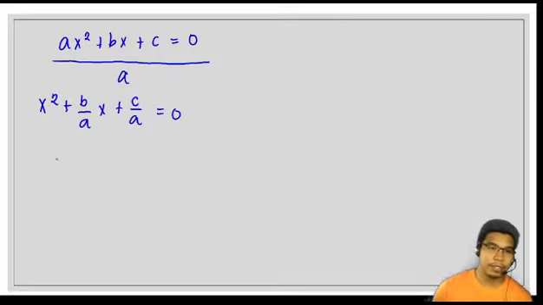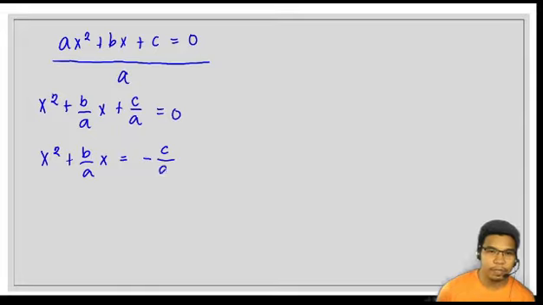And then, second step is to transpose the constant term or ililipat natin yung constant term to the other side of the equation. So, ang constant term natin dito is c over a. Okay, so gawin natin yon. So, we have x squared plus b over a x equal to negative c over a.